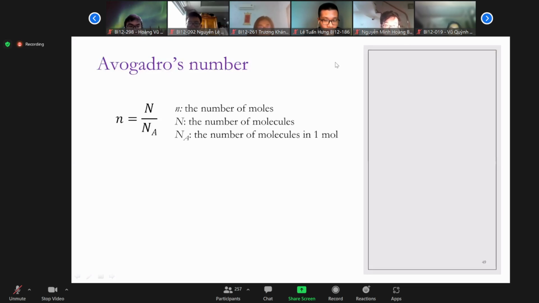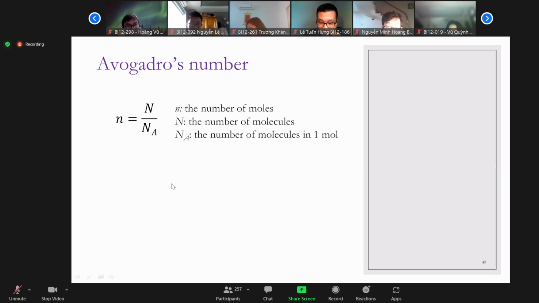Now, we study the relationship between the number of moles and the number of molecules, and the number of molecules in 1 mole. This is also to remind you, I think you used this formula a lot in chemistry already, right?